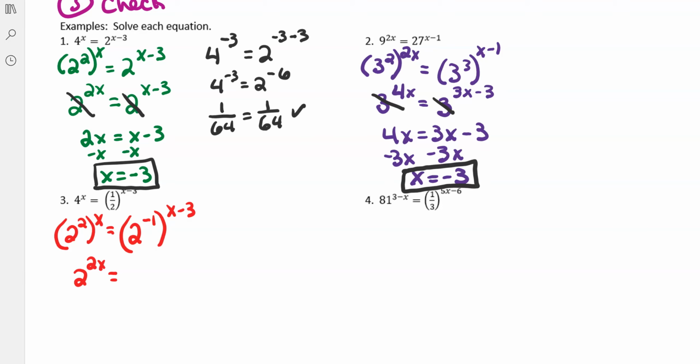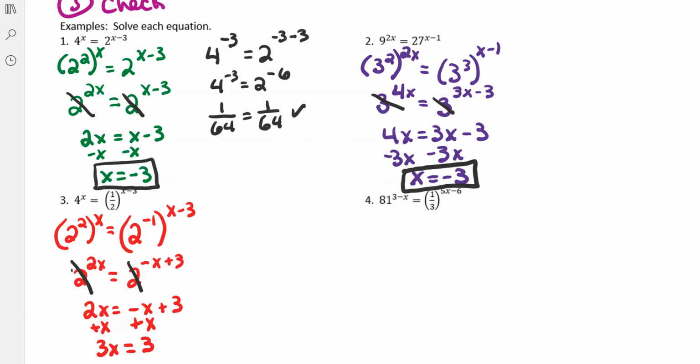And then for the right-hand side, we have to distribute. That negative 1 has to get multiplied times both of them. So it'll be negative x plus 3. At that point, we can cancel out our bases. And we have 2x equals negative x plus 3. So I'm going to add x to both sides, which is going to give me 3x.